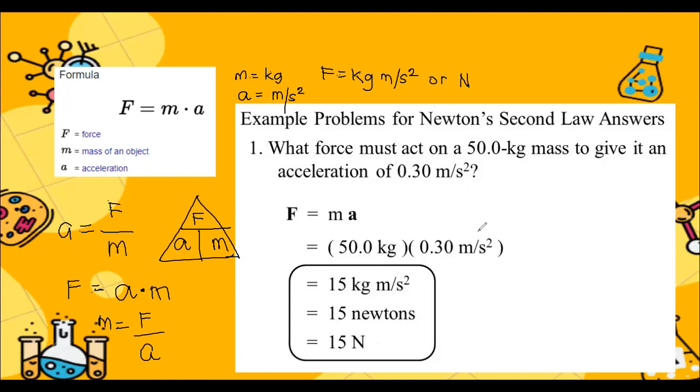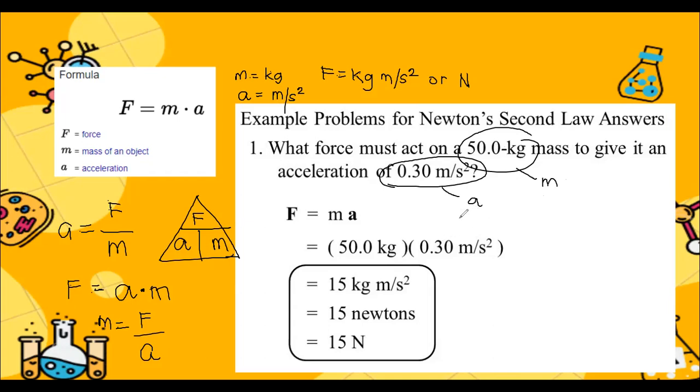Answering this first problem. What force must act on a 50 kilogram mass to give it an acceleration of 0.30 meter per second squared? So, our mass is 50 kilograms and our acceleration is 0.30 meter per second squared.